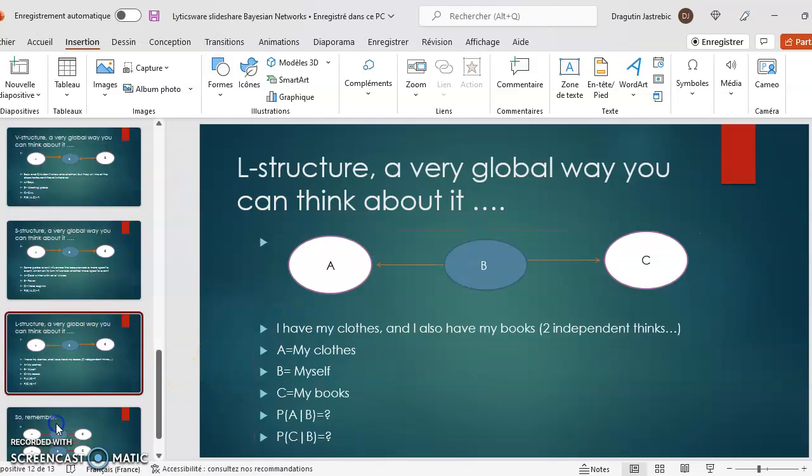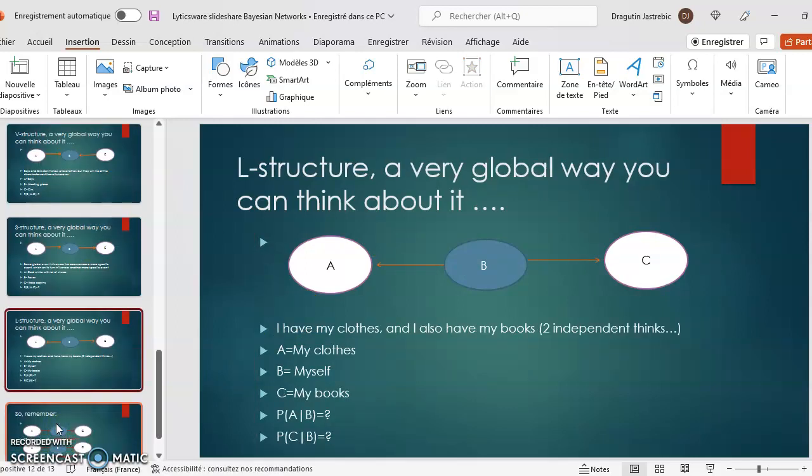There is also another possibility to think about the L structure. I am in the middle. This is me. So I have my clothes, which are the A node, and I have my books, and this is the C node. Let's imagine that I am a Star Wars fan. If you enter my room, you can see that I have a lot of books about the Star Wars saga, and you will see that I also have the costumes of Darth Vader or even Luke Skywalker and so on.